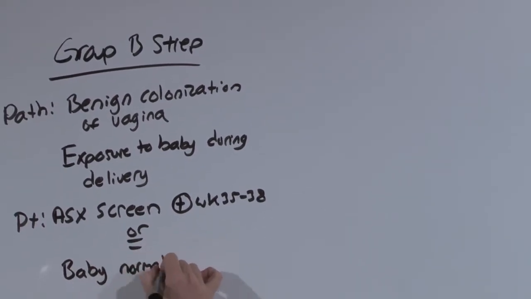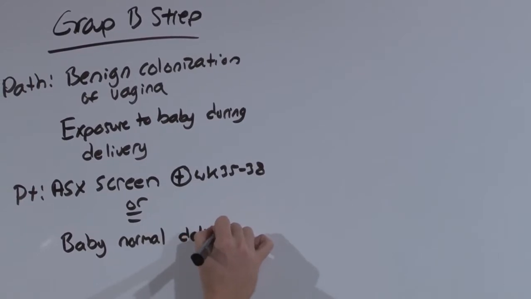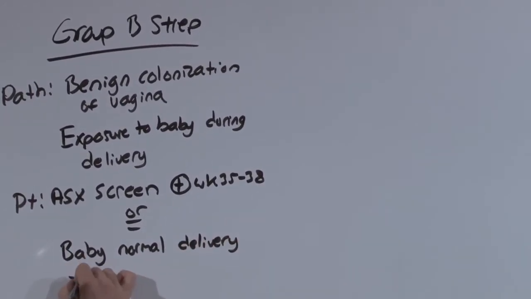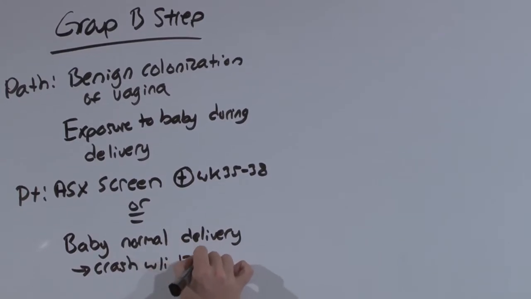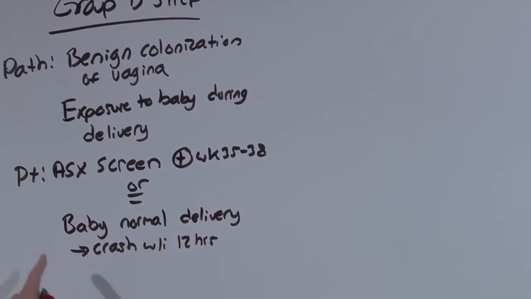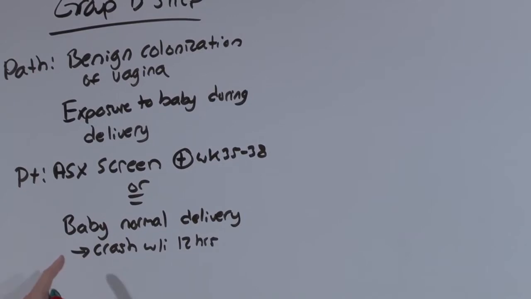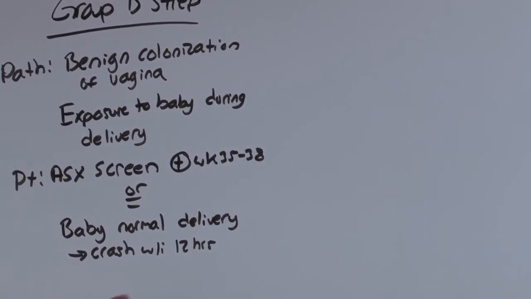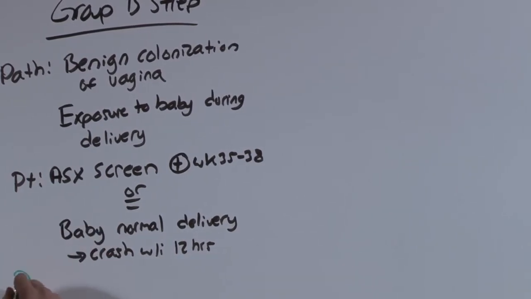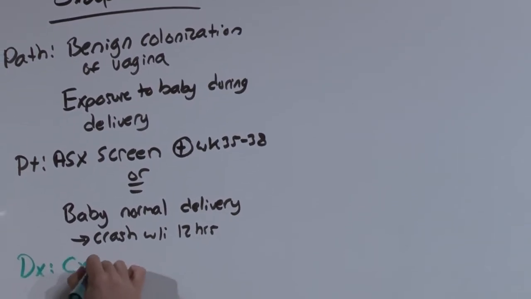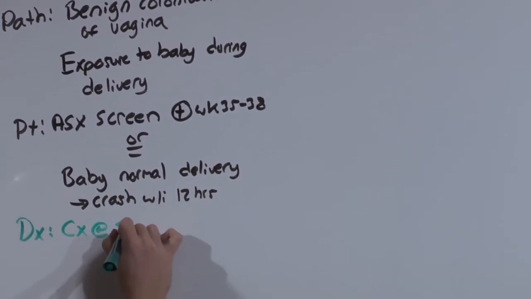It's going to do really well in the first couple of hours, and then all of a sudden crash within 12 hours. Because what happened was that a normal, healthy baby was delivered through the group B strep, and now they've got group B strep sepsis, which is why we should screen every patient every time. The screening is a culture of the vagina at 35 to 38 weeks.